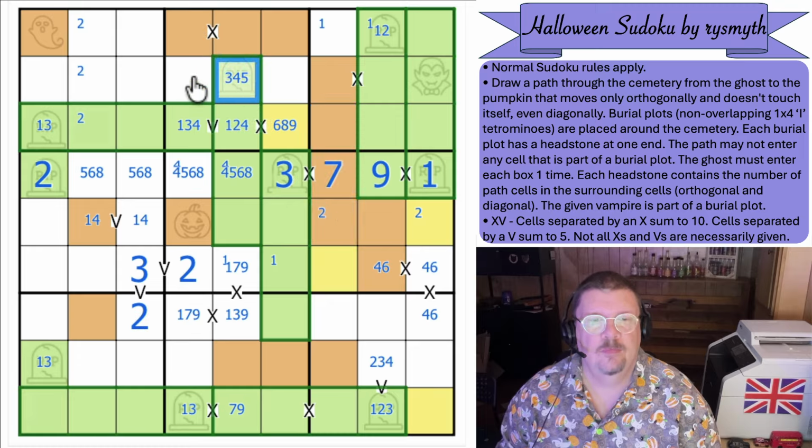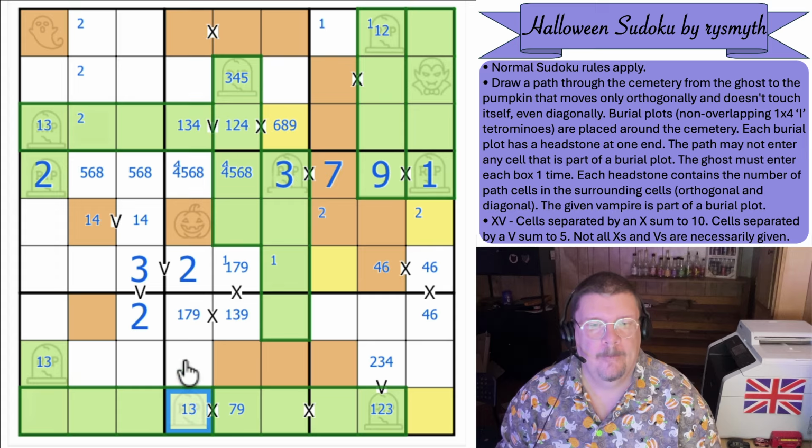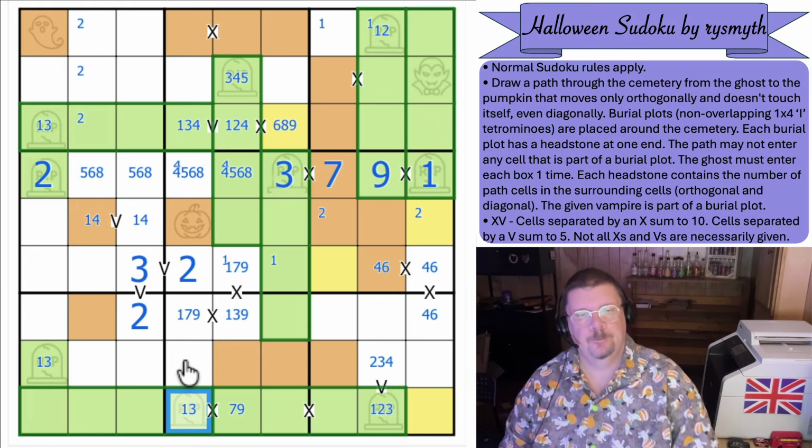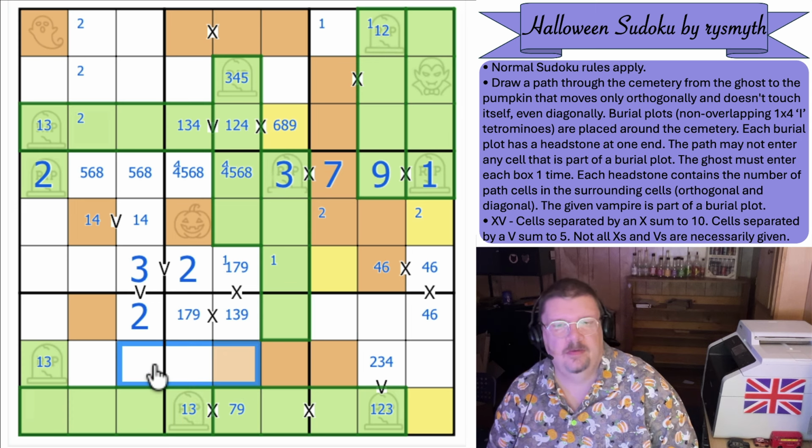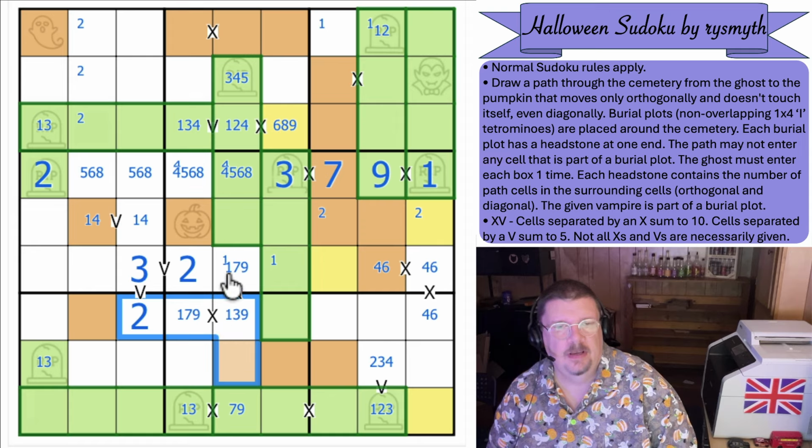That's still 3, 4, or 5. Okay, if this is 3, it does that. If this is 1, it goes up there and then must go left because I can't enter here because then I would finish off. So is that the key?